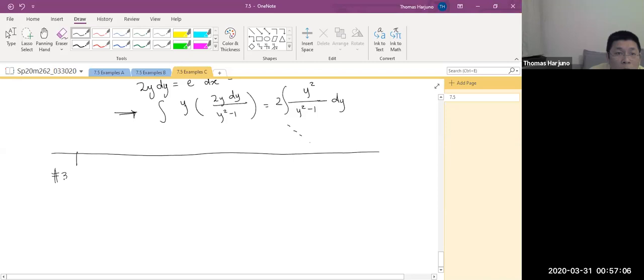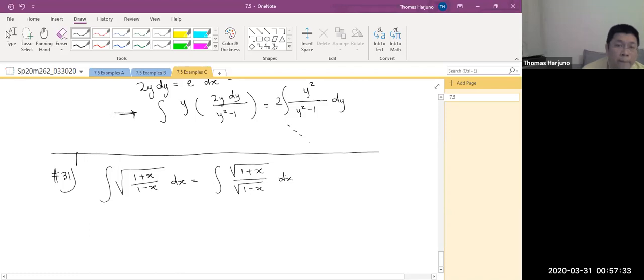Number 31. Integral of square root of 1 plus x over 1 minus x dx. I will see this as square root of 1 plus x over square root of 1 minus x dx. What do you think we should do?